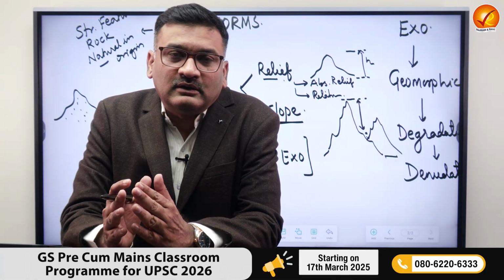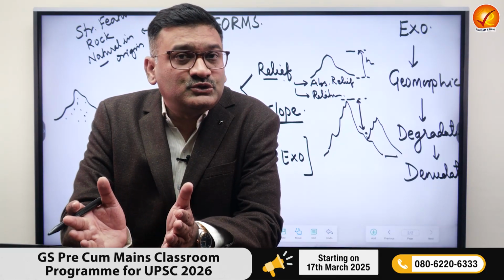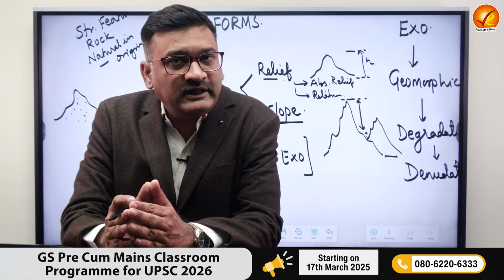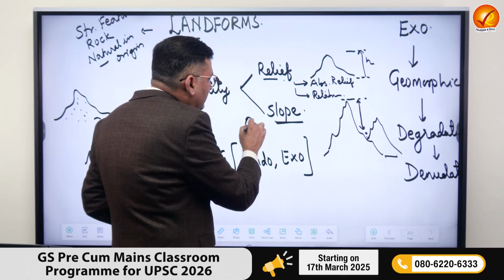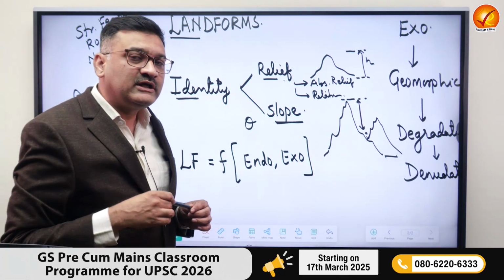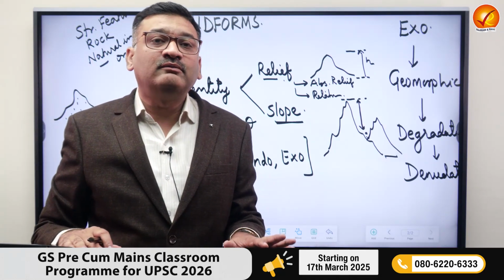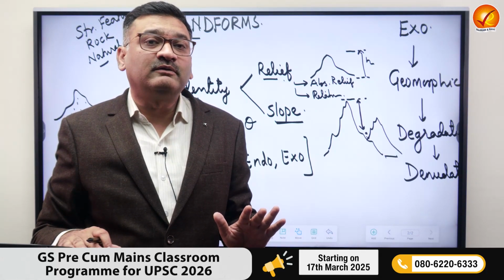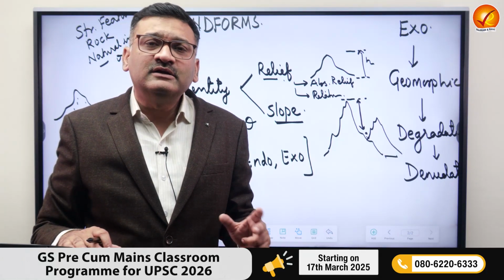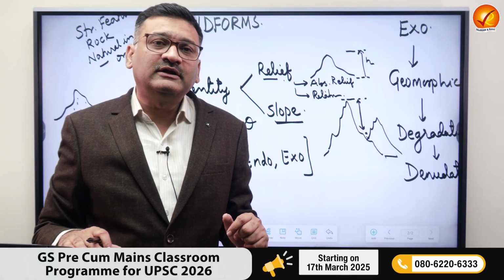So a landform has two identities: one is relief, and second, what is the inclination? I'll write it here, theta. What is the inclination of the landform from the base level? This will be referred to as the slope of the landform. And yes, these two are interrelated with each other.